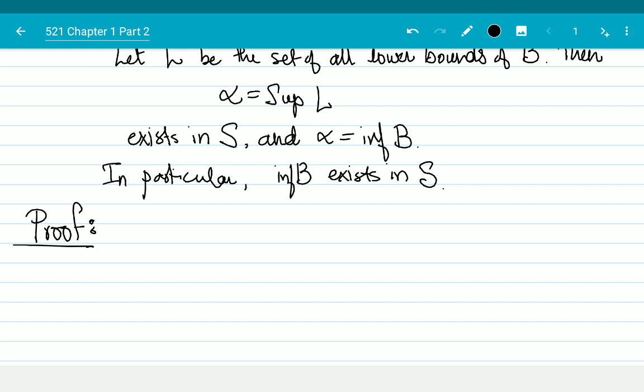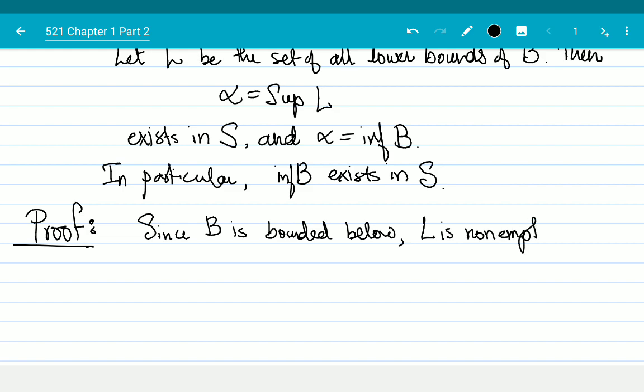Well, since B is bounded below, L is not empty. Because B is bounded below, there is at least one lower bound, and that lower bound is in L. Therefore, L is not empty.